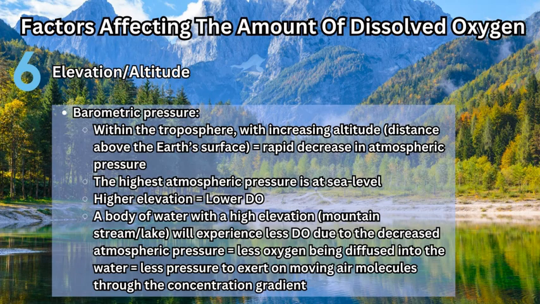The higher the elevation, generally the lower the dissolved oxygen, because there is less pressure asserted by the atmosphere pushing down onto that lake or stream or body of water, which would lower the diffusion rate from the atmosphere to the body of water, to the lake or river. So just from the decreased atmospheric pressure, you're going to have less dissolved oxygen entering the water.